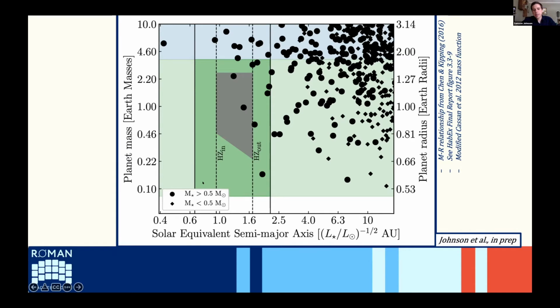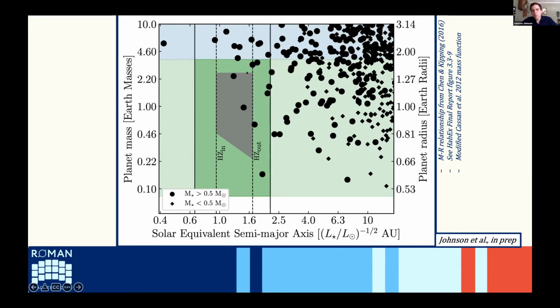Here I've coded the detected planets as a function of their host mass. The large circles are those with more solar type hosts, greater than half a solar mass, and the M dwarfs are the small diamonds. And this gray region is some assumed region for the habitable zone.